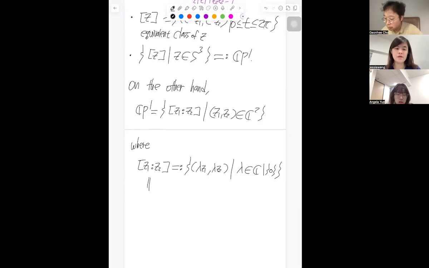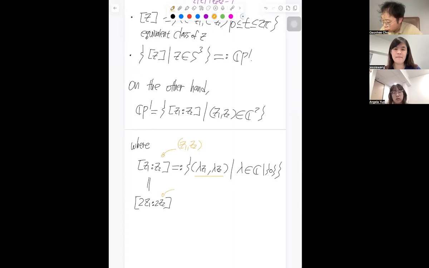So for example, can you see these two are the same? Because we can multiply arbitrarily by lambda. If you start from the pair z1 comma z2, and then multiply by an arbitrary non-zero complex lambda, is that okay with you?